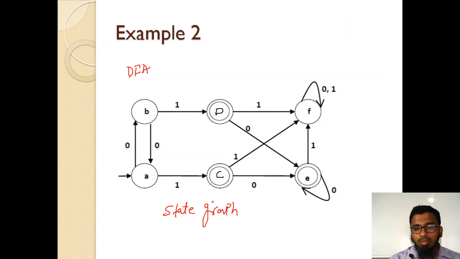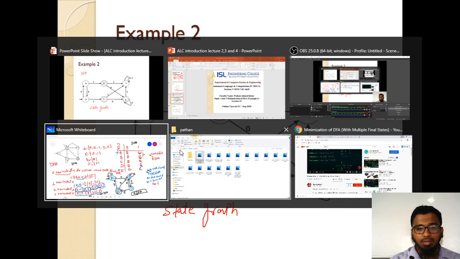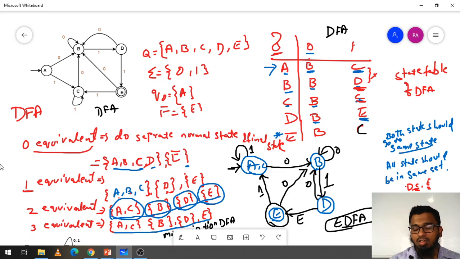So today we will see this equivalence method. Last class we did this DFA: Q is A, B, C, D, E, sigma is 0, 1, Q0 is A, F is E. We made a transition table for that, and after that we found the equivalence.